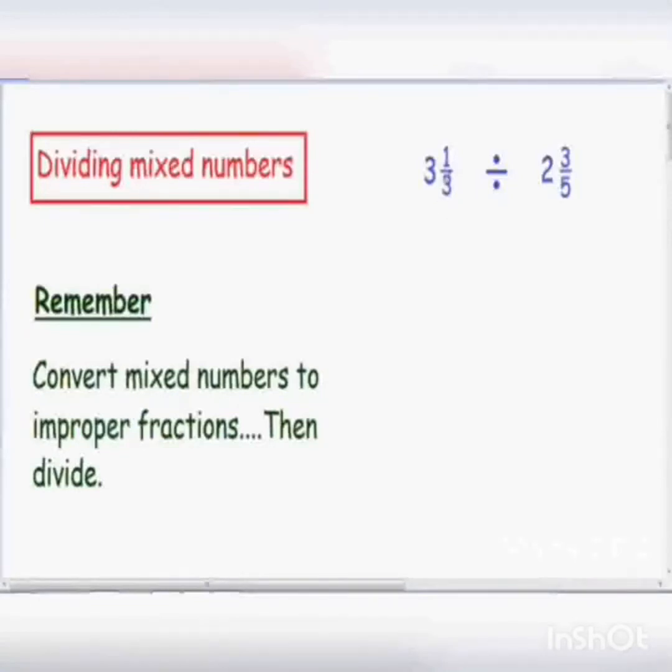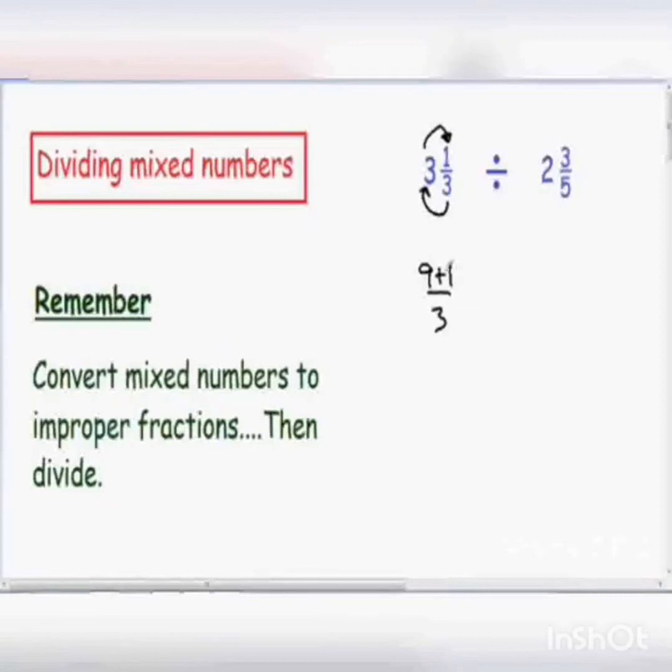But first, let's change our mixed fraction to improper fraction. The denominator of the first fraction is a 3, and so we multiply the whole number by the denominator and add up the answer to the numerator.